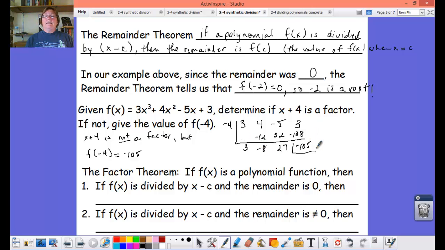And you guys, I got a -105 at the end. So x plus 4 is not a factor of this polynomial, but the value of the function at -4 is -105. Okay, that's what the remainder theorem is all about. If we had gotten a 0, that would mean that x plus 4 is a factor. The factor theorem says if f of x is a polynomial function, then if f of x is divided by x minus c and the remainder is 0, then x minus c is a factor of the polynomial.